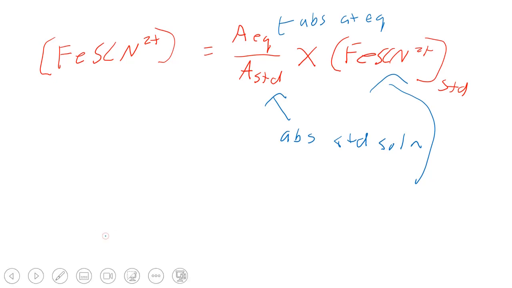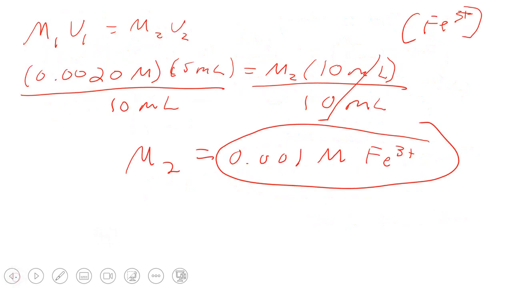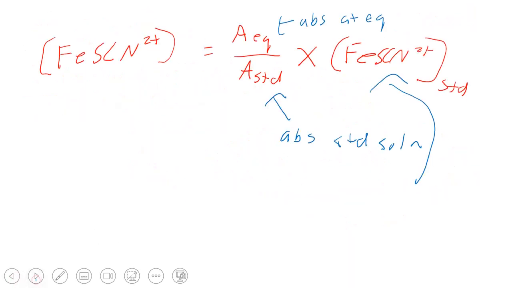If we think back, for each one of these, we are taking our iron and diluting it with the potassium thiocyanate.